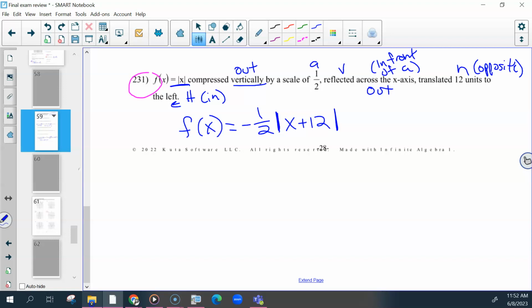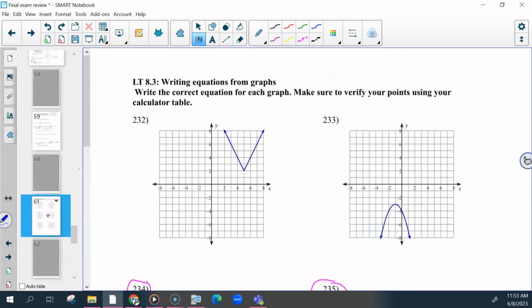Other questions on this? We're going to do one last page and then we'll stop for today. So on the next page, which of those did we want to see?